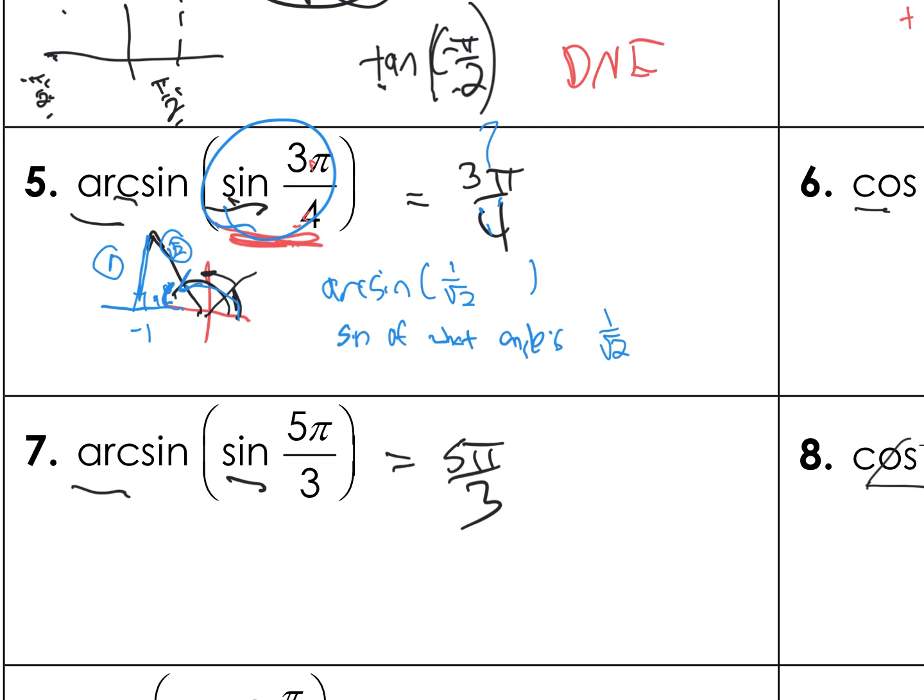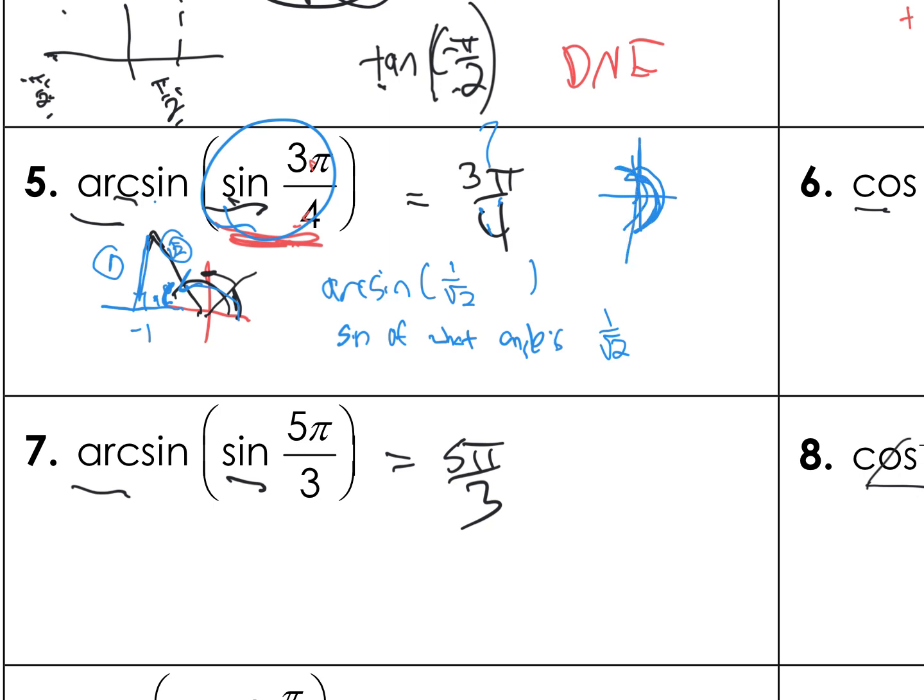We're forced to talk about what the domain is for the arc sine. The domain of arc sine can only give us answers, your calculator will only give you answers, in that quadrant.